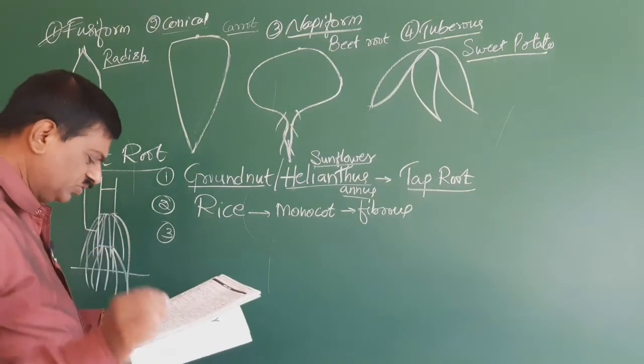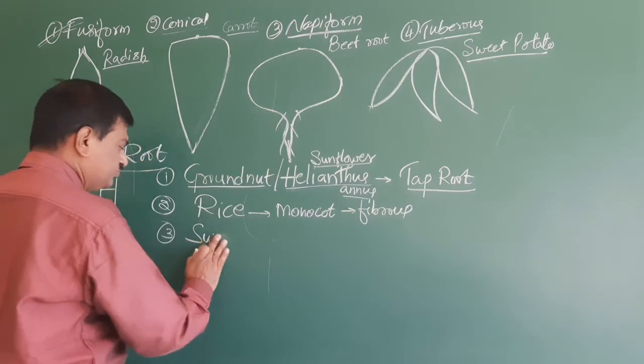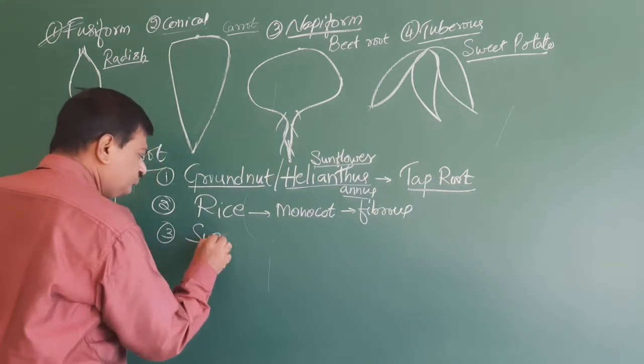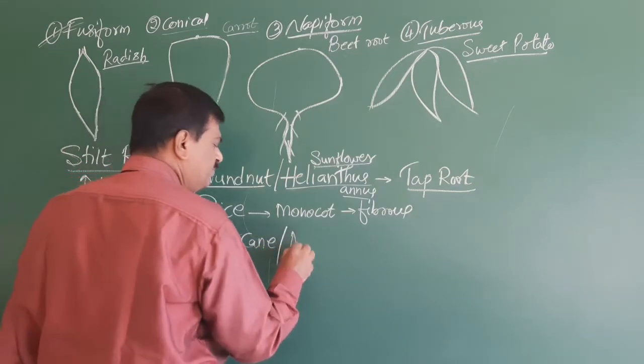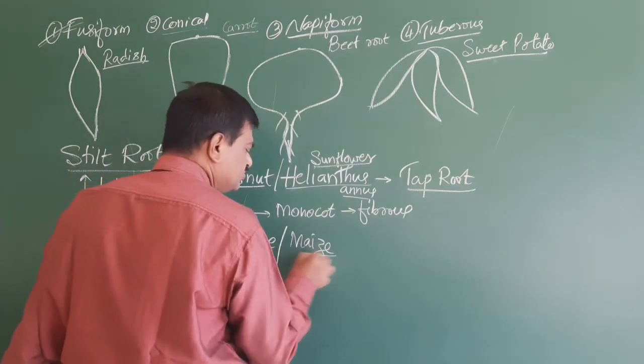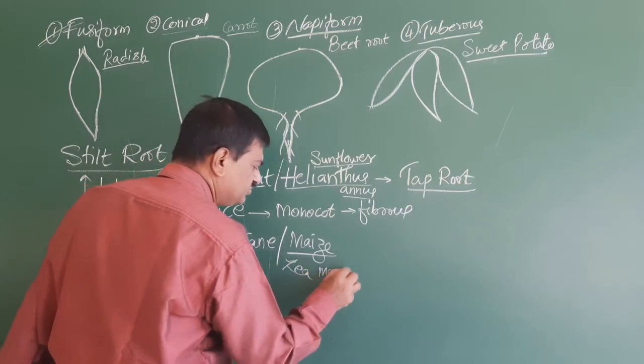We go for the third one, sugarcane and maize. Maize is called Zea mays.